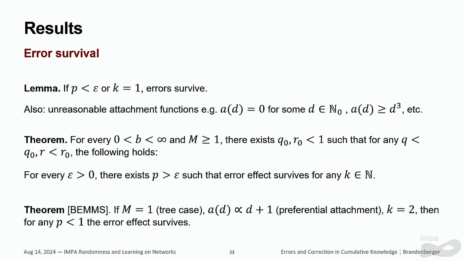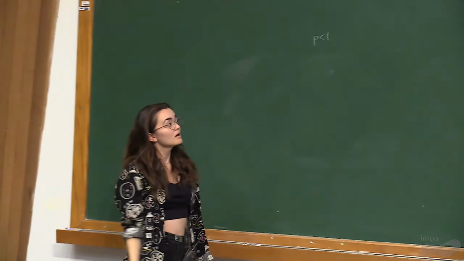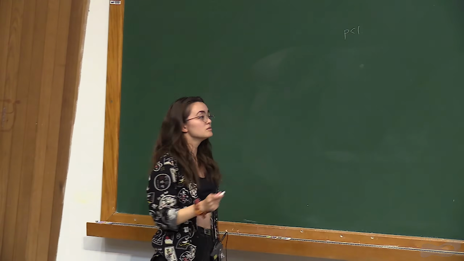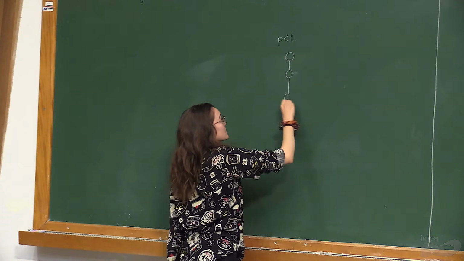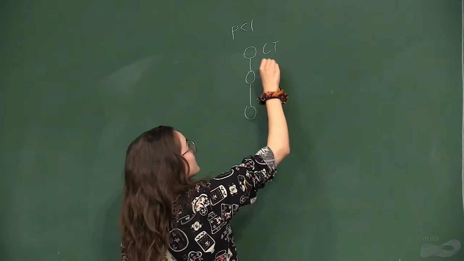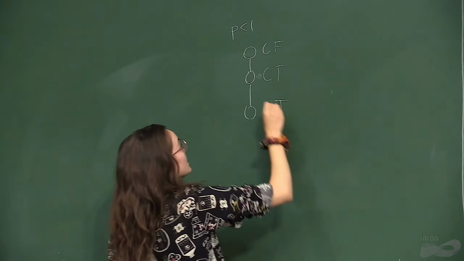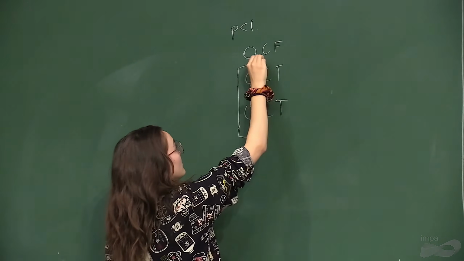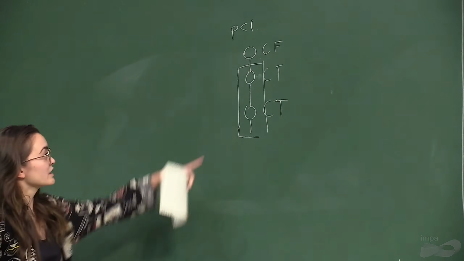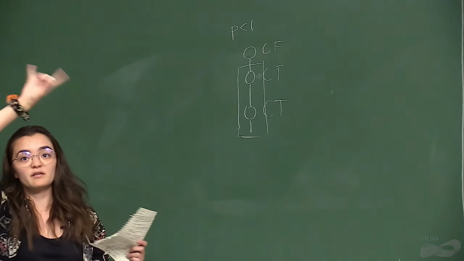So here, the idea of proving this is you have some p less than 1 of checking, and essentially what you do is you are counting the number of occurrences of structures that look like this. You're looking for things like 2 nodes of degree 1 that are both CT, and then maybe some CF thing above.